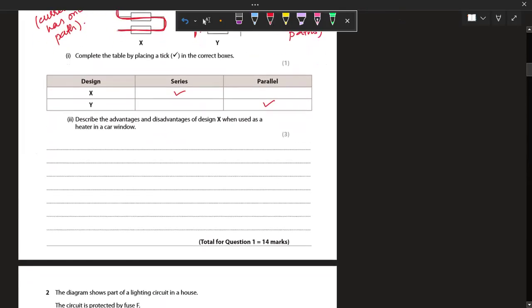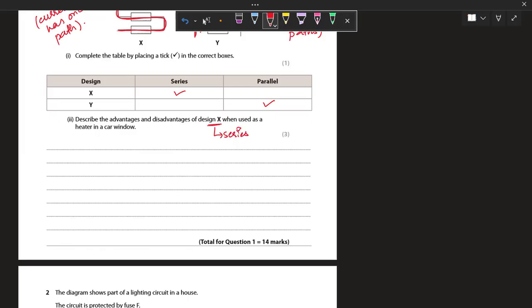All right. Now describe the advantages and disadvantages of design X when used as a heater in a car window. So X is actually a series circuit. They are asking what is the advantage and disadvantage of having a series connection of the heater in the car window.